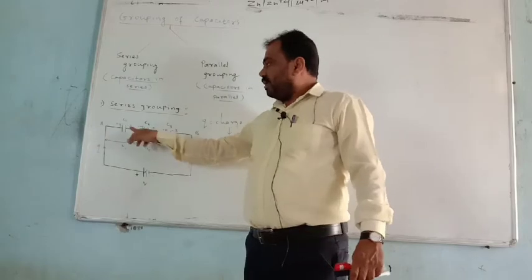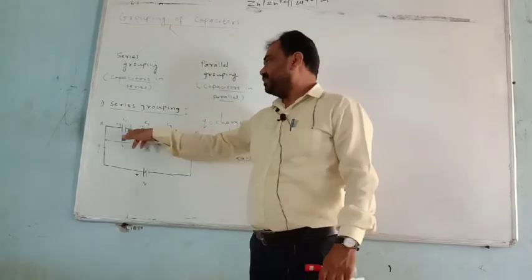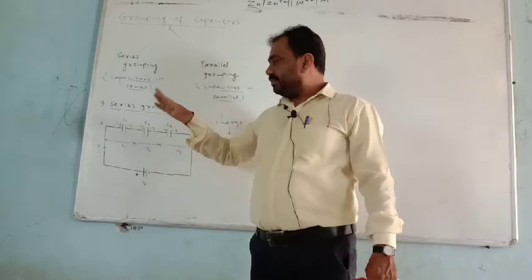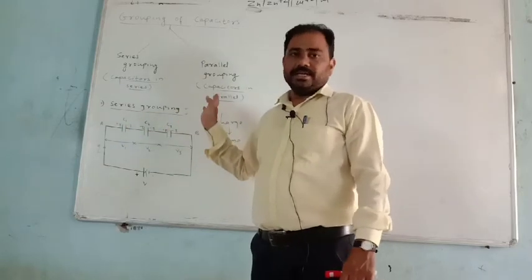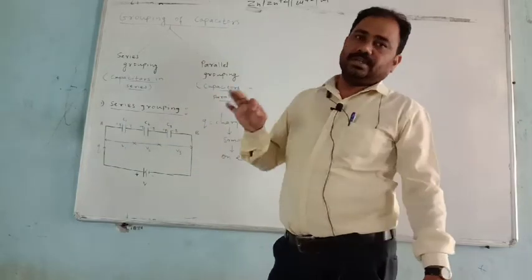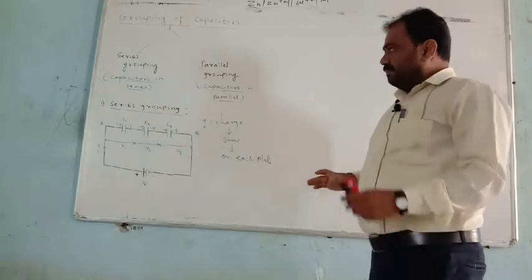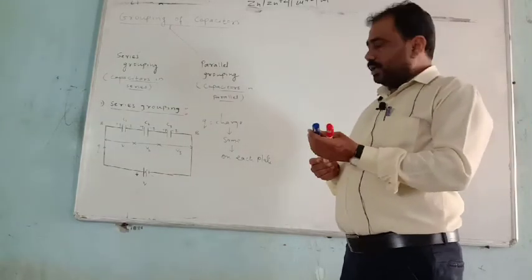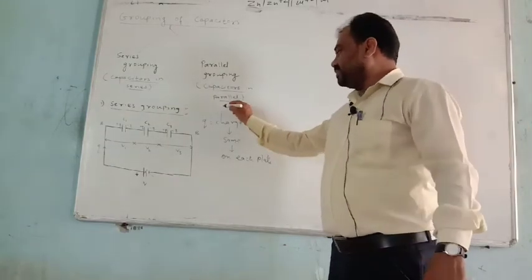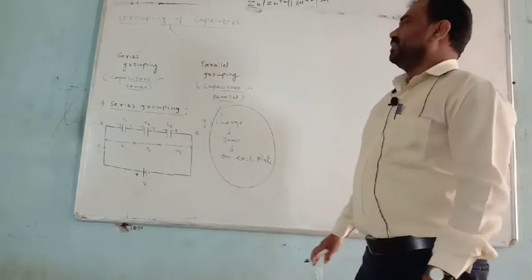The charge is the same on each plate. Whatever charge is present on C1 is exactly equal to that on C2 and C3. On these three capacitors the charge remains the same, it does not change. So series means the charge is the same on each plate.